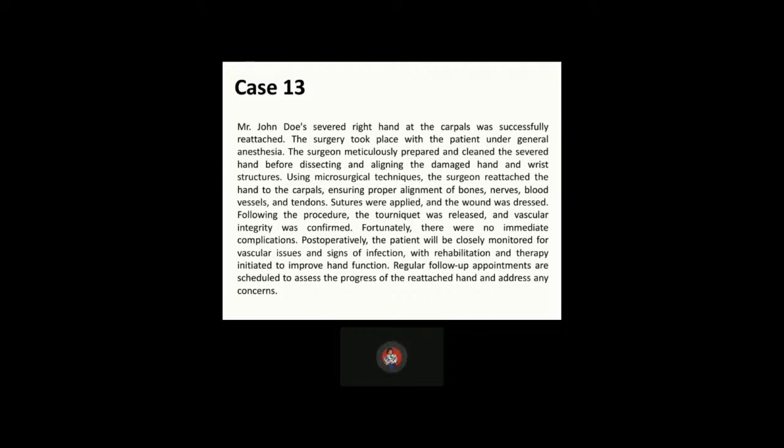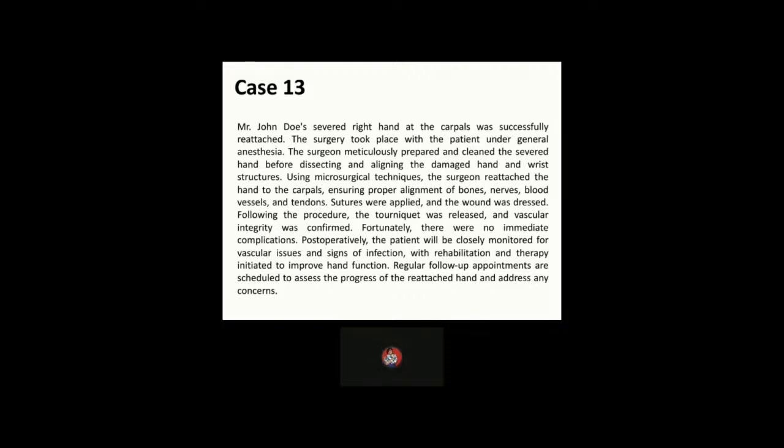Of course, the patient was under general anesthesia. The surgeon meticulously prepared and cleaned the severed hand before dissecting and aligning the damaged hand and the wrist structures. And they did these microsurgical techniques, reattaching the hands to the carpals, ensuring that they were in alignment.